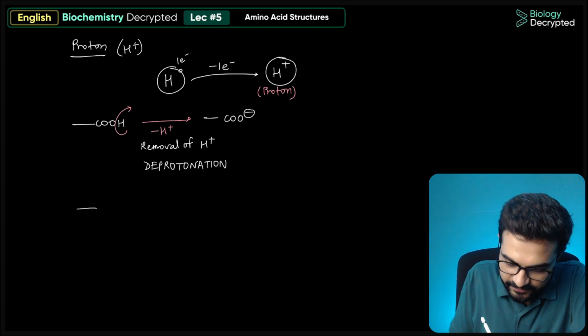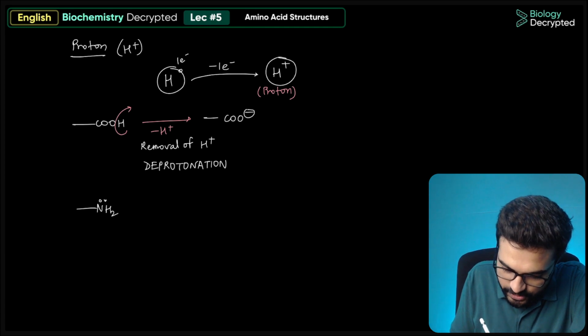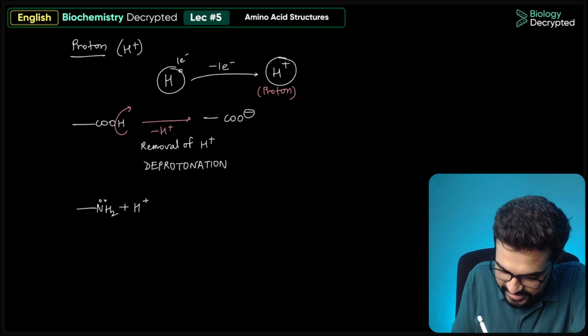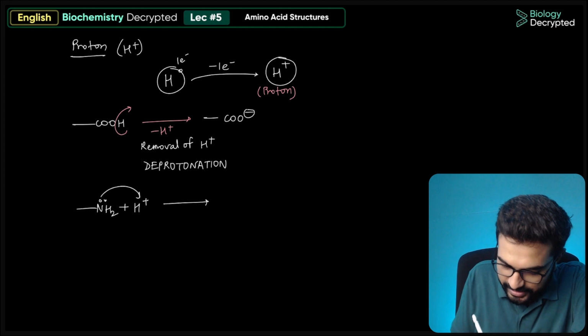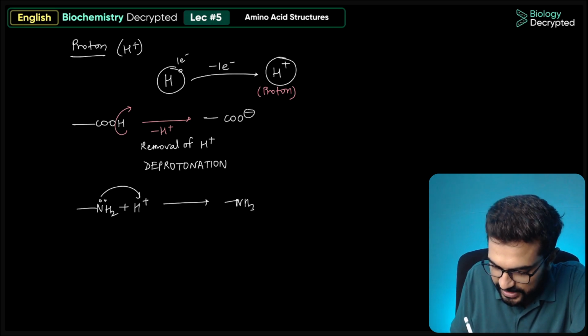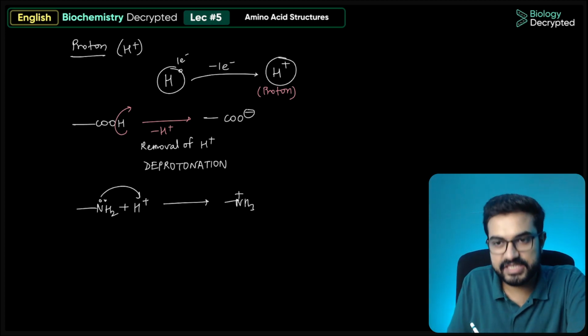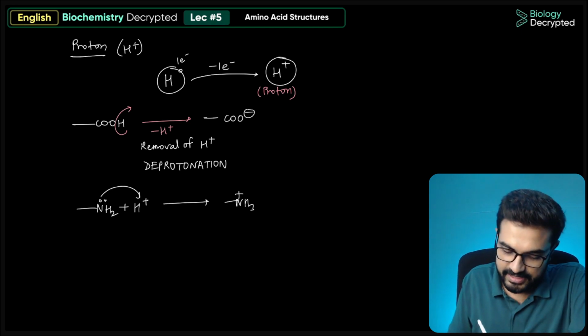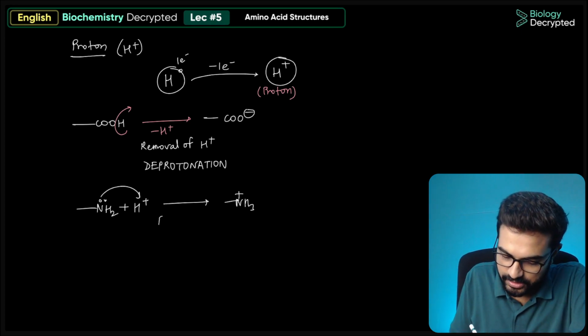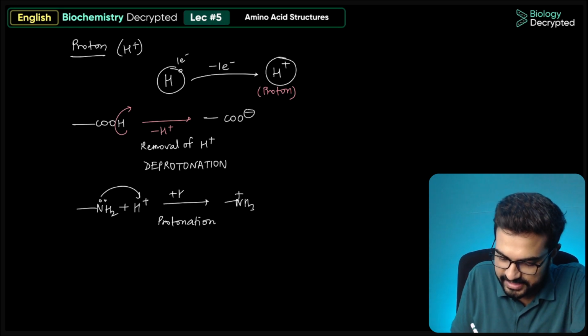Similarly, if NH2 takes up a proton and forms NH3 plus, this is called protonation, since it is taking up protons.